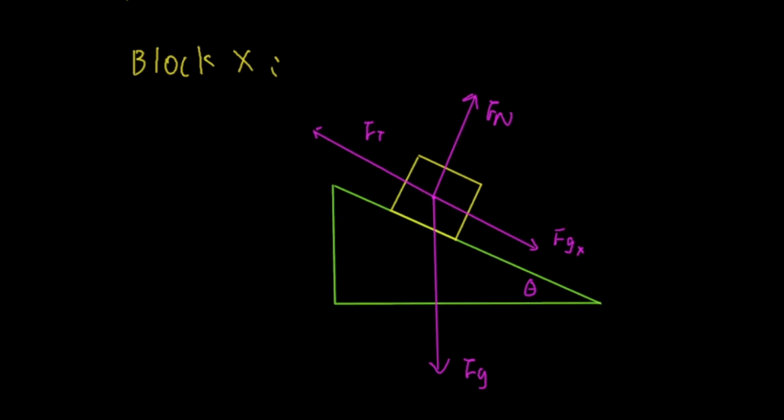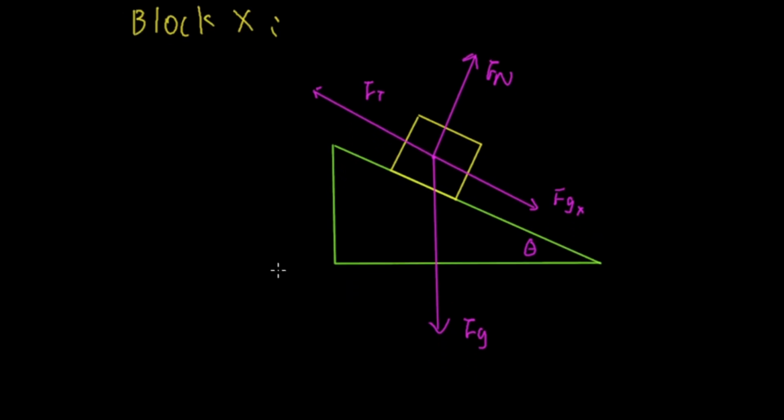Now, what forces do we care about in this question? We really only care about the tension force and the force of gravity pulling in the x direction, because the block is moving up this way, in the positive x direction, according to the question. And the force of gravity is pulling it down this way.